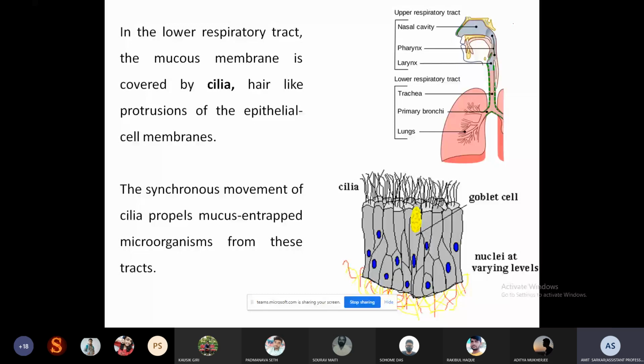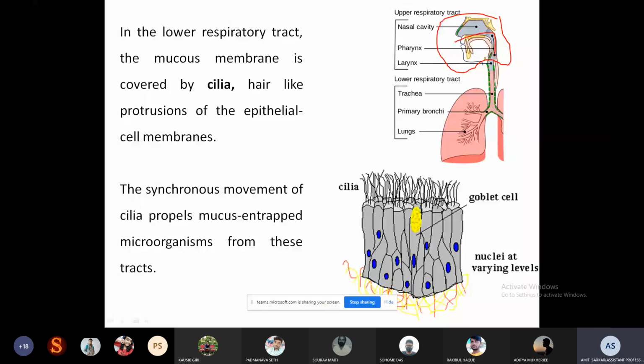All the viruses and bacteria mostly enter through this route and sit over here. So you feel different types of discomfort, coughing, etc. At this point, you can say it is the early stage of infection.